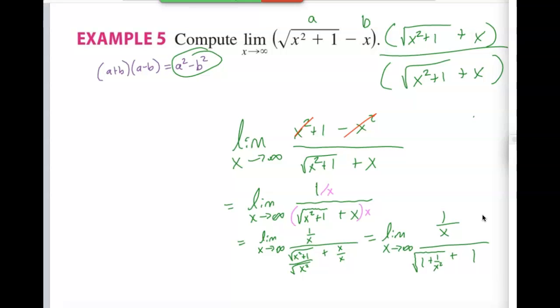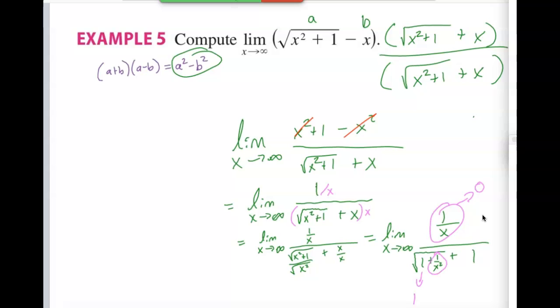I can do all my terms separately. So what does 1 over x approach as x approaches infinity? That's going to 0. The 1 will stay as 1. It's a constant.